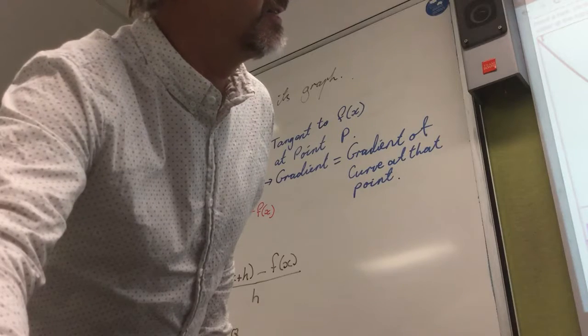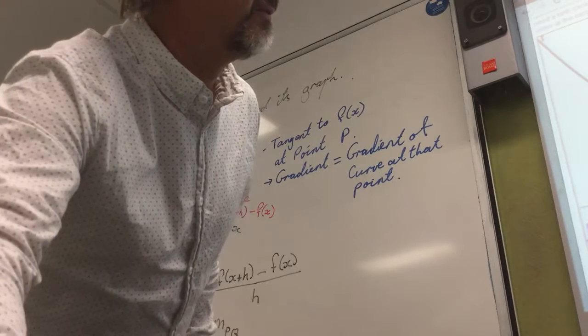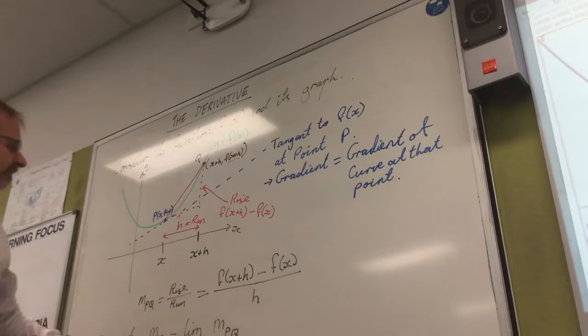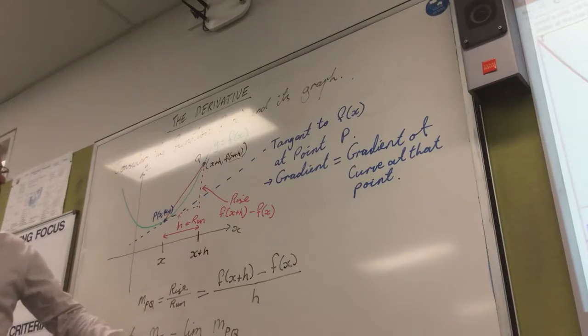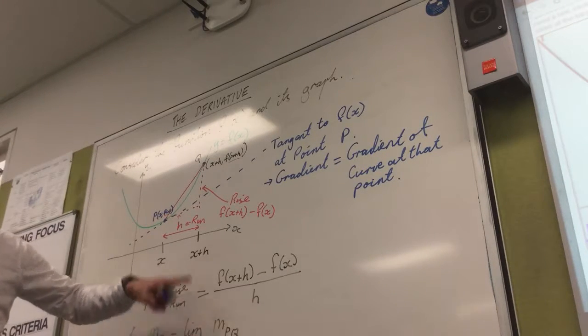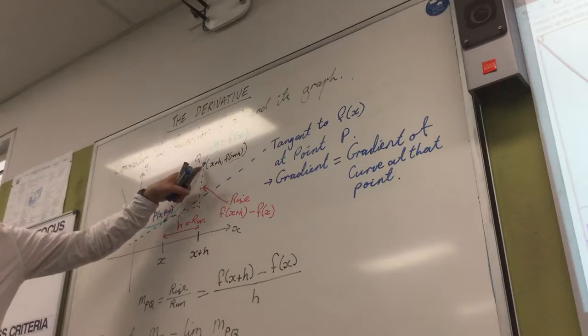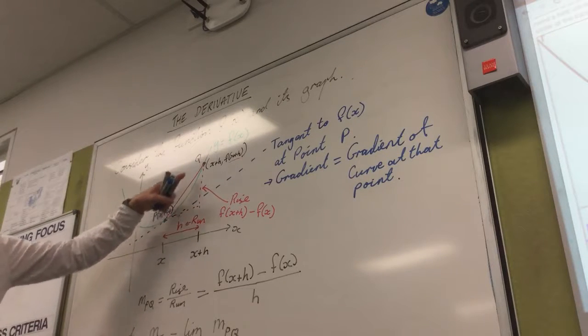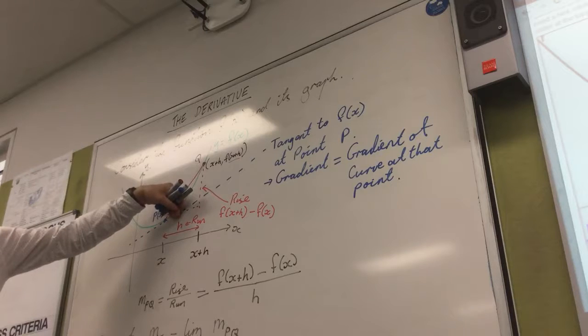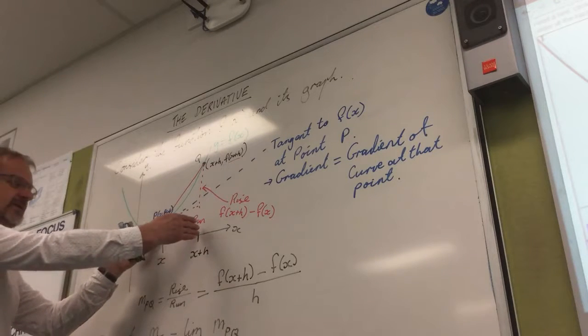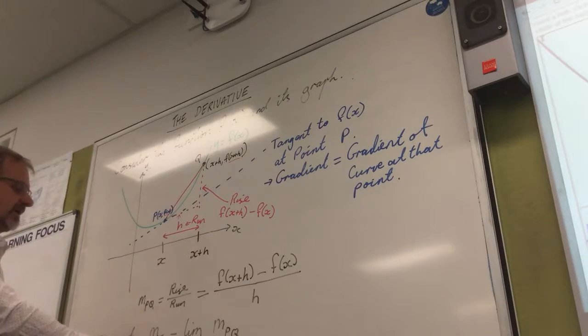So as h tends to 0, the gradient of our line PQ, because that point's coming down, down, down, closer to there, the gradient of that red line as h, this here, gets smaller, becomes the gradient of the tangent.